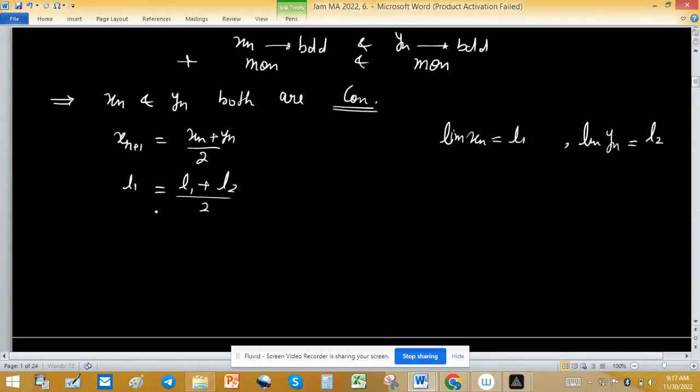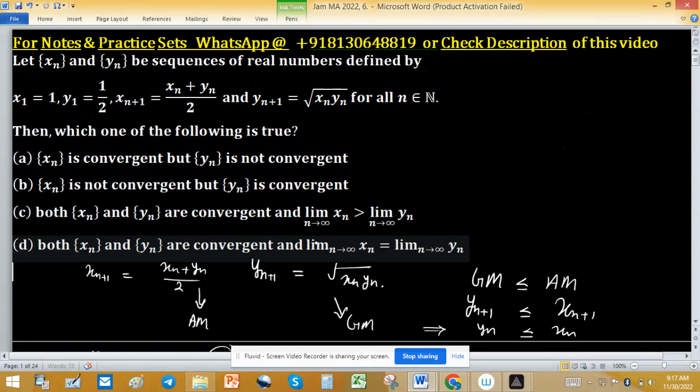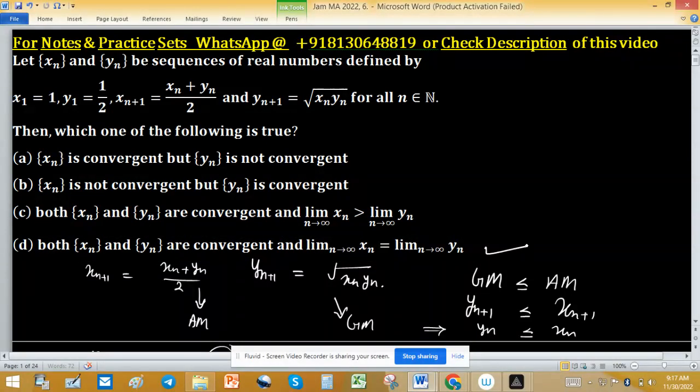From cross multiplication, we have 2 times L1 equals L1 plus L2. From this, L1 equals L2. Both limits are the same. Now, try to find which option is correct. Both x_n and y_n are convergent and the limits are equal. Option D is correct.